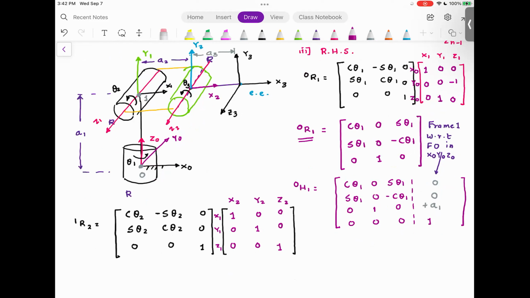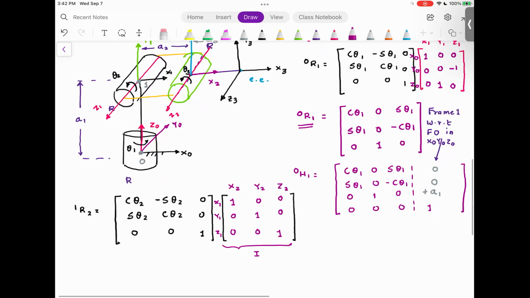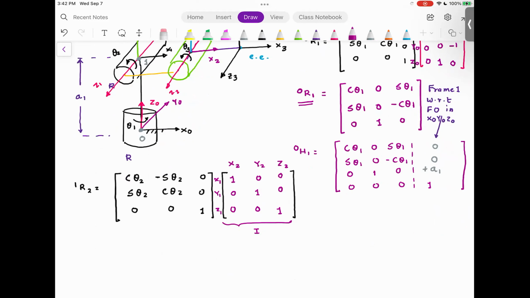So what I have here is an identity matrix. If you multiply any matrix by an identity matrix, you just get the same matrix.